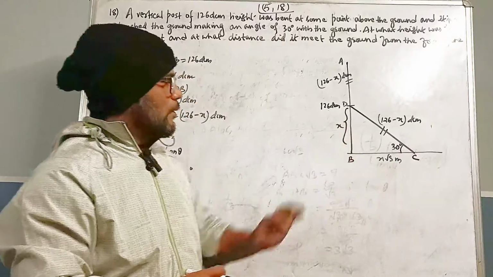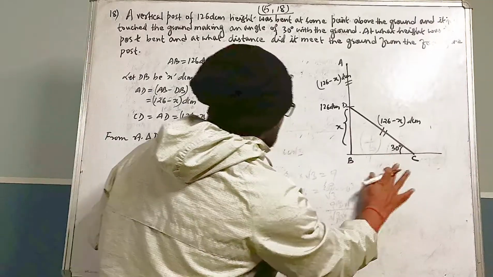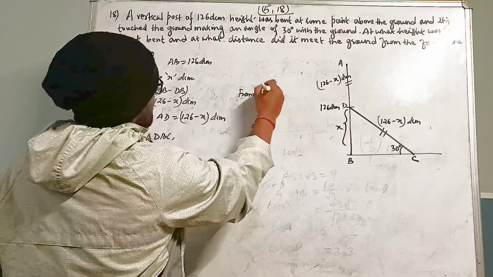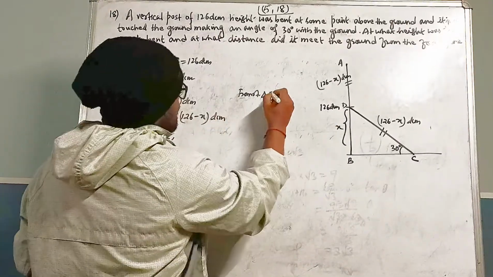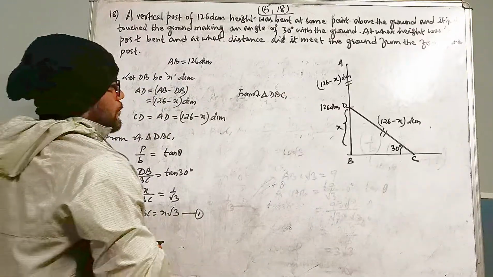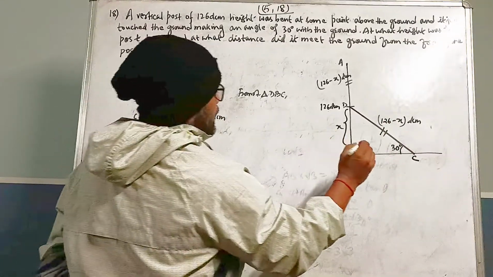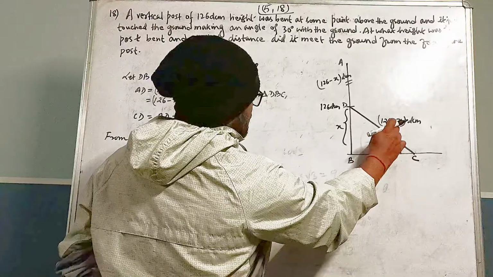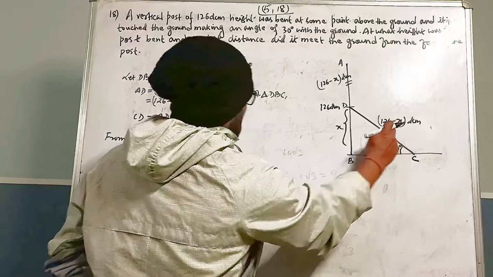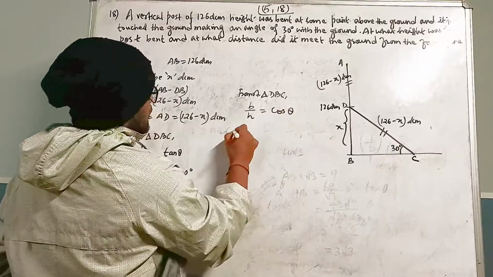Okay, now from right angle triangle, same triangle DBC, I'm just making the relation between base upon hypotenuse. Base upon hypotenuse becomes cos theta.